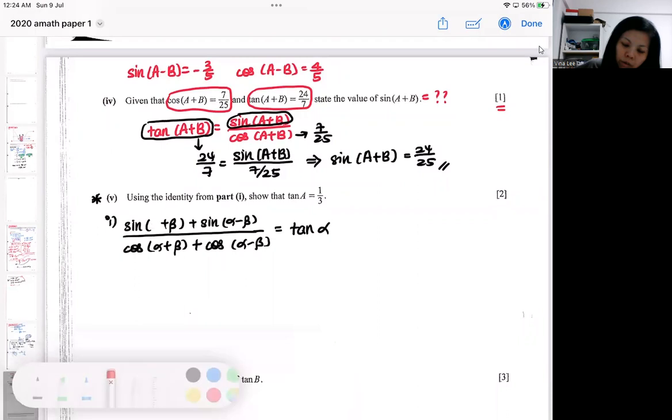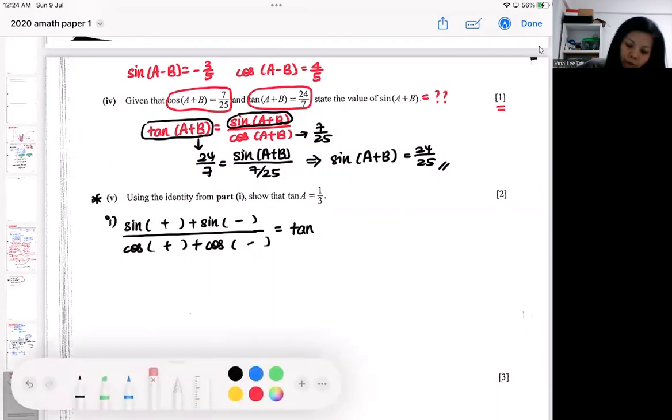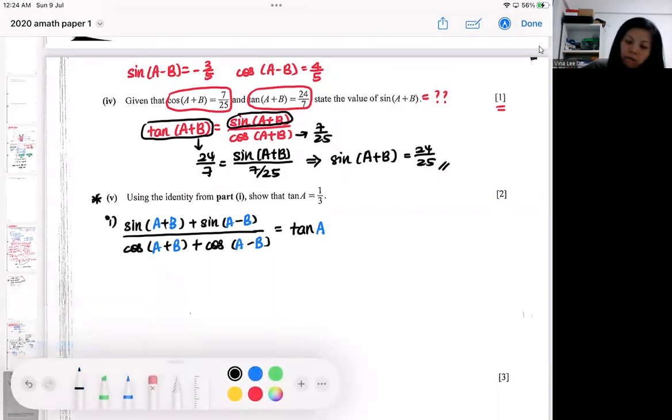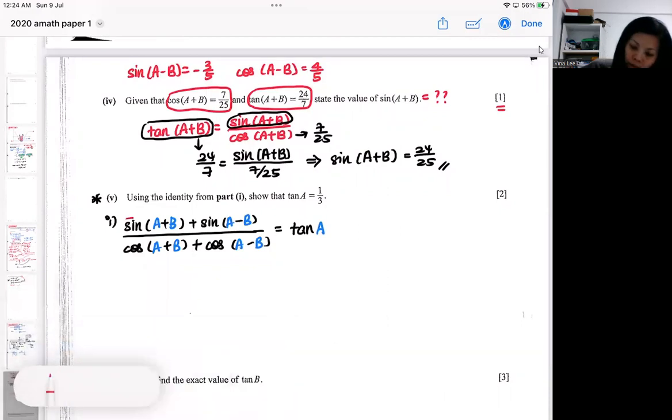So how am I going to change? I'm going to change all the alpha to A, all the beta to B. So this is the identity. Then after that, I'm going to insert the value part by part. Look at what you have gotten. This is the one that you have found.